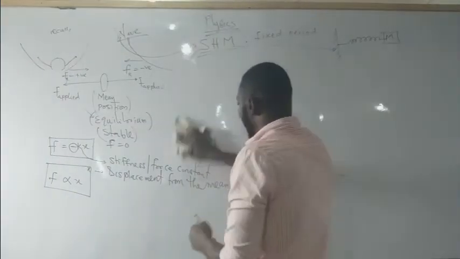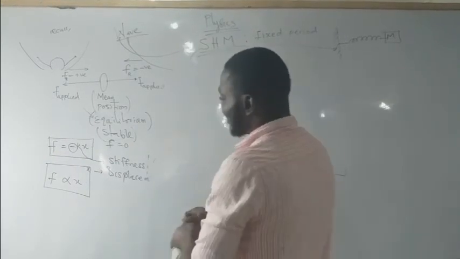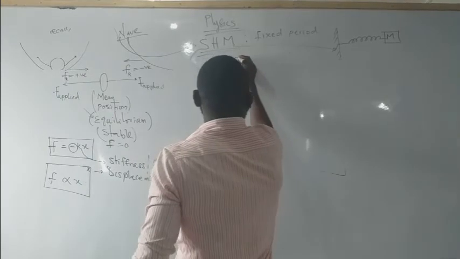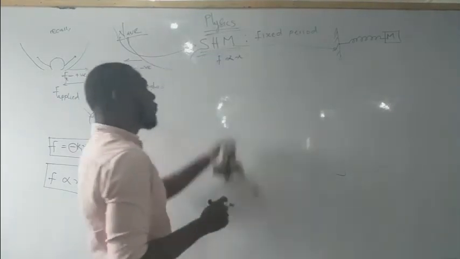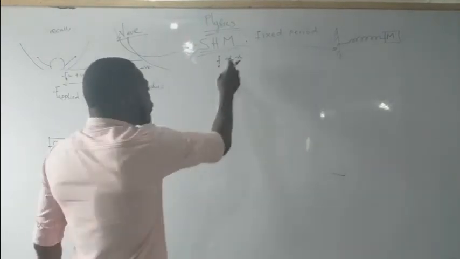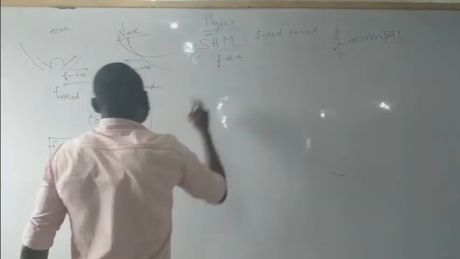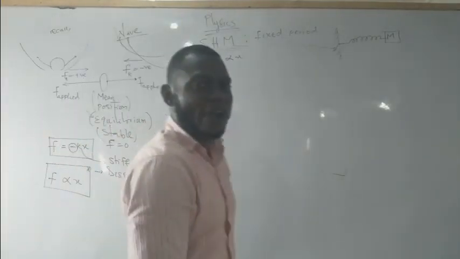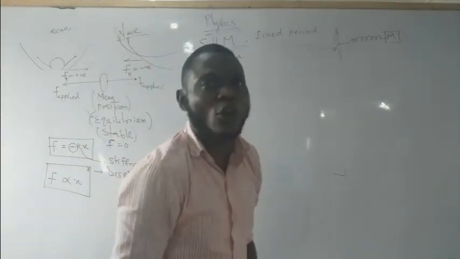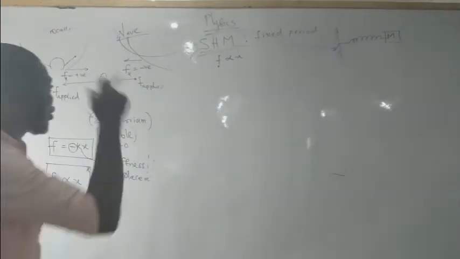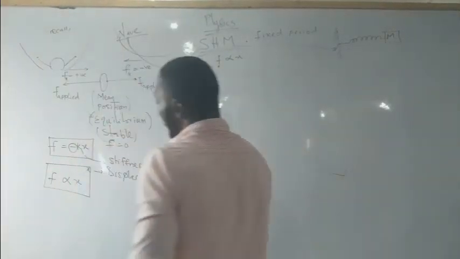So F is directly proportional to x. That is, the conservative force is proportional to the displacement, and displacement is always measured from the mean position, or the equilibrium position.